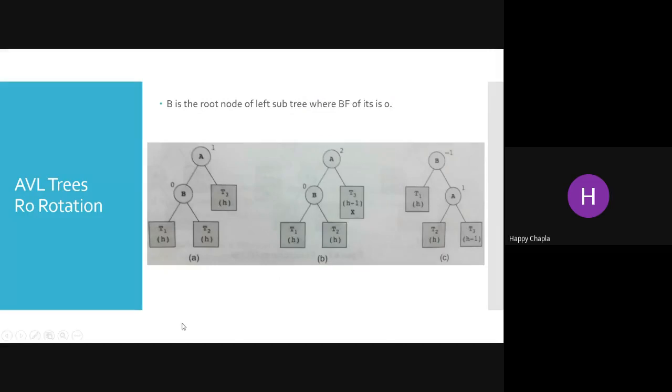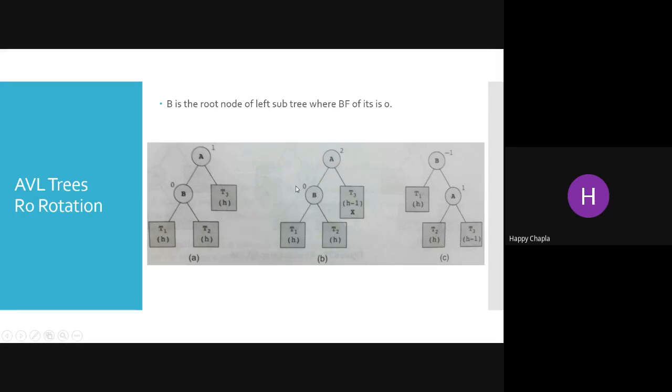Now here, B is the root node of the left subtree, where its balance factor is 0. If you want to delete something from this node, which rotation do you give? You need to give the R0 rotation. And what is R0 rotation?